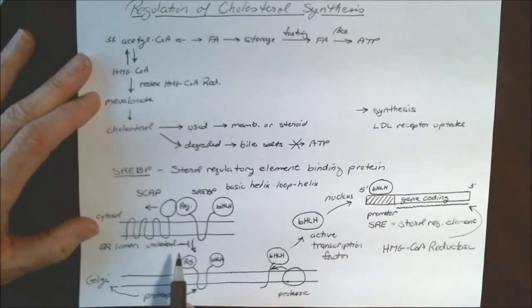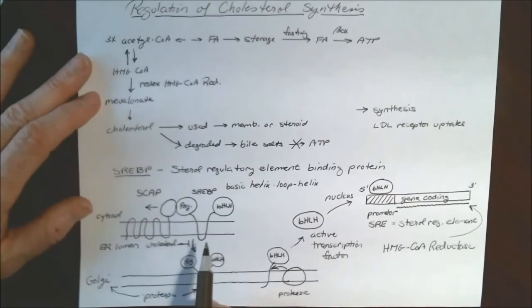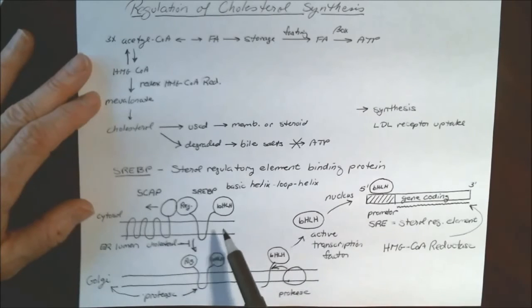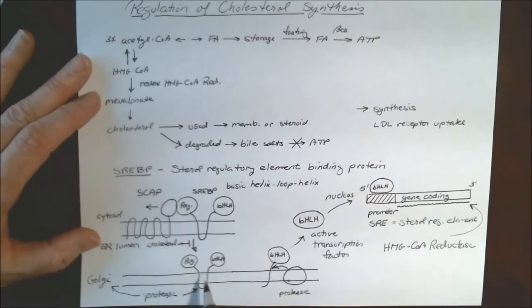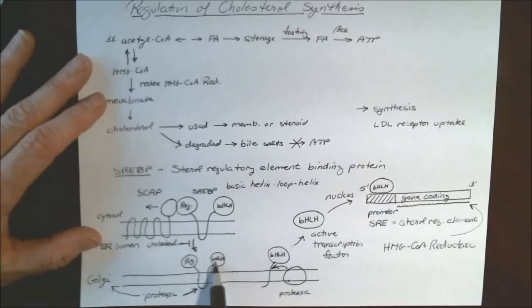So, as a review, if we do not have sufficient levels of cholesterol, the translocation of the SREBP will occur, translocating from a quiet state in the ER to a position in the Golgi that is now expressing the protease, which cleaves the regulatory domain away from the transcription factor domain.